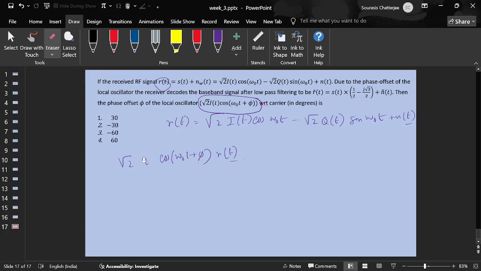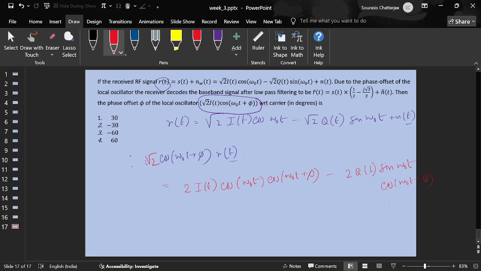This will come out to be 2 i(t) cos omega naught t cos omega naught t plus phi, minus 2 q(t) sin omega naught t cos omega naught t plus phi, plus n(t) times again square root of 2 cos omega naught t plus phi.